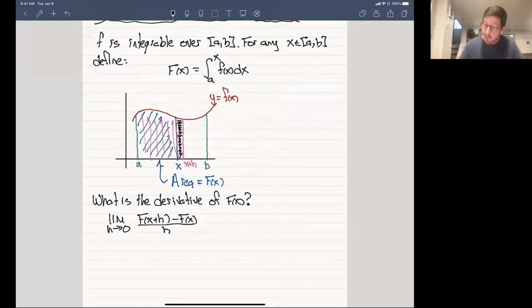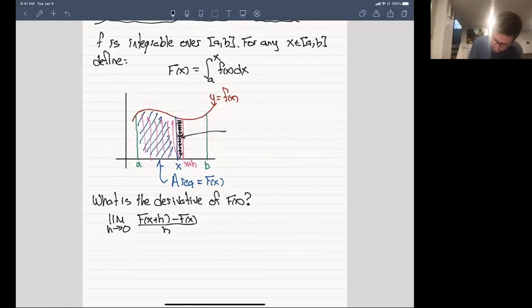Well, you can kind of see it right on my picture, right? This is basically a rectangle, especially when h is super, super small. So what is the area that's trapped in there approximately? Well, it's a rectangle.